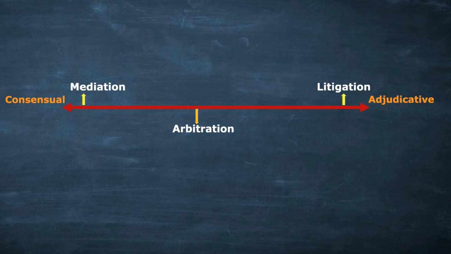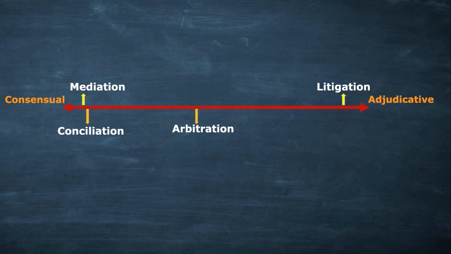And the last term that we have is conciliation. If you see, conciliation is a little to the right in comparison to mediation, where it is consensual of course, but since the conciliator has a little more active role than the mediator, it is a little to the right in comparison to mediation.